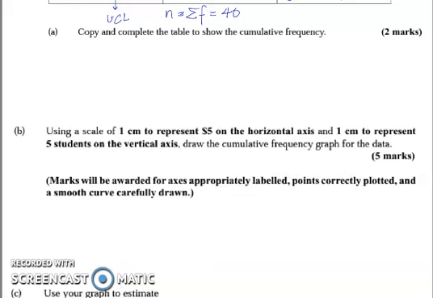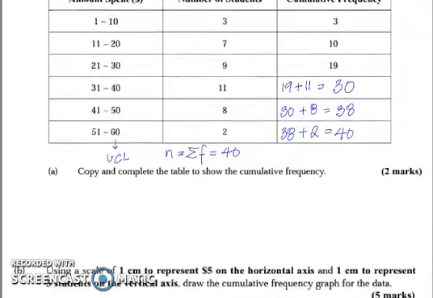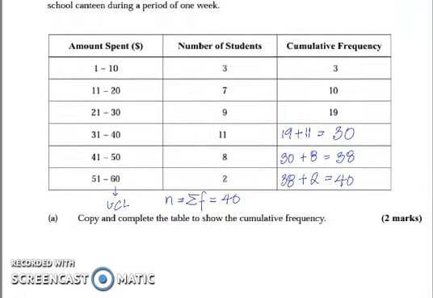Now, before we start, the first thing that we have to remember is that to draw the cumulative frequency curve, we need the upper class boundary and the cumulative frequency. So we're going to plot the upper class boundary against the cumulative frequency.